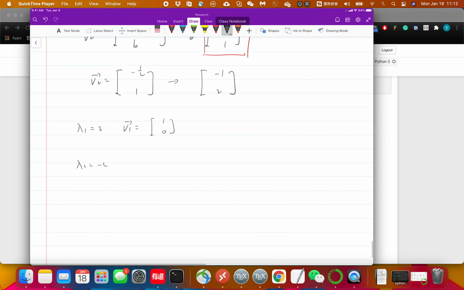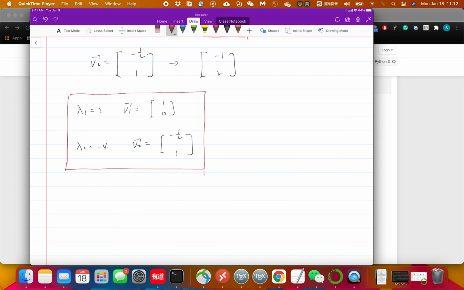Lambda 2 equals negative 4, and v2 equals (negative 1, 2), or let's just use (negative 1/2, 1), which really doesn't matter. That will be the complete set of eigenvalues and eigenvectors of the original matrix A from the definition. That's it. Very standard if you know how to do this.